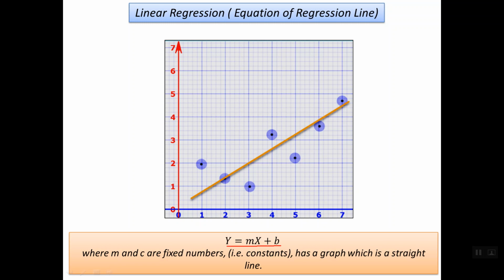Y here represents the dependent variable, and x here represents the independent variable. So we should determine the values of 2 constants, which are m and b. M is simply the slope or the gradient of the straight line, and b here represents the intersection between the straight line and the y-axis.